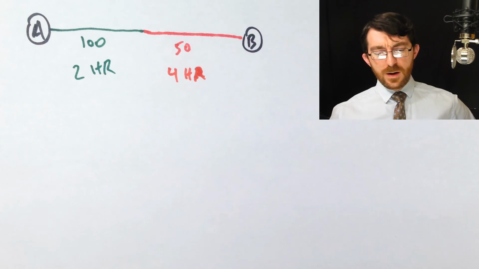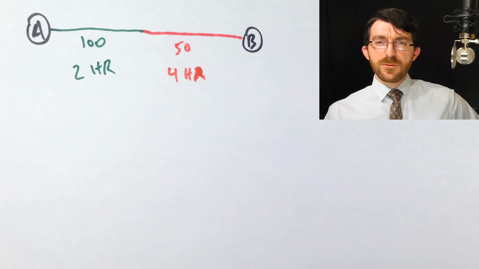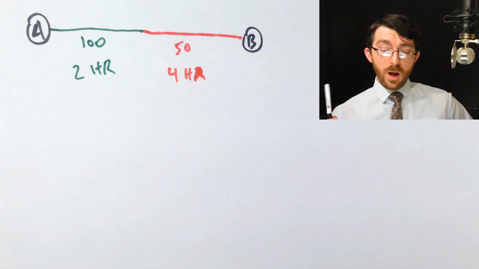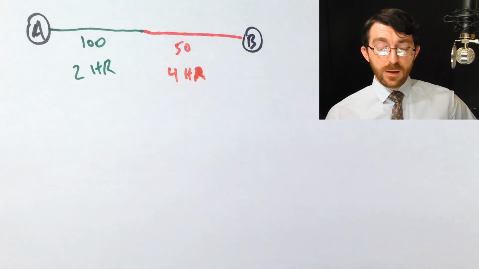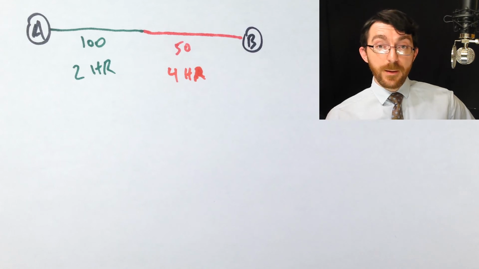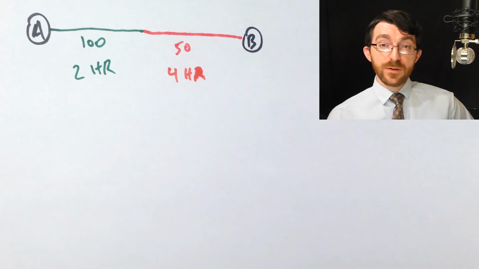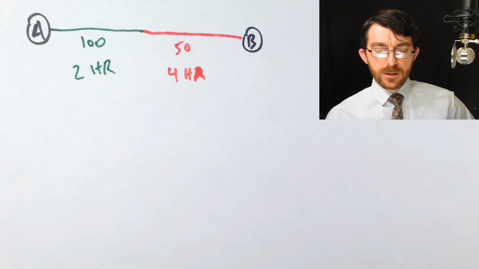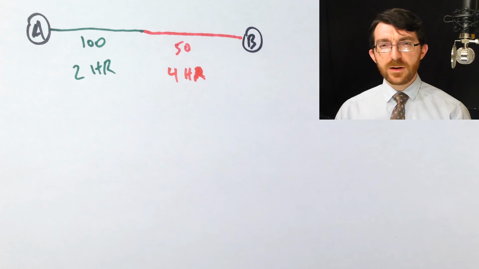Okay, so if I wanted to find the total car carrying capacity of this road, how should I do that? Well, one guess is I could just add 100 and 50 and come up with 150, and then, well, wait a minute, that just got better. Okay, so in this particular case, this math isn't really very helpful.